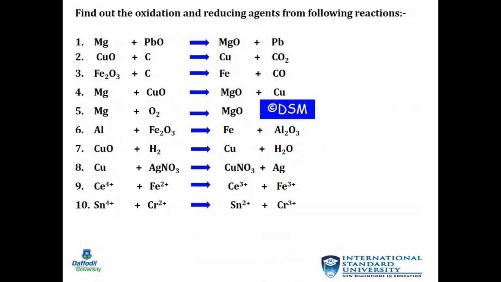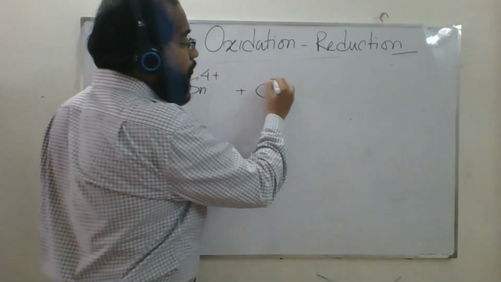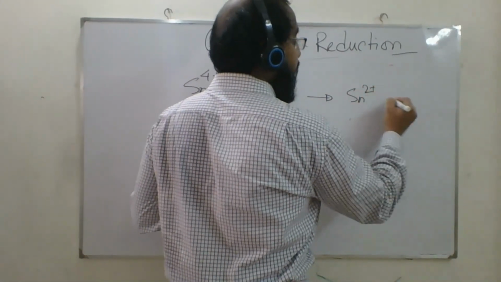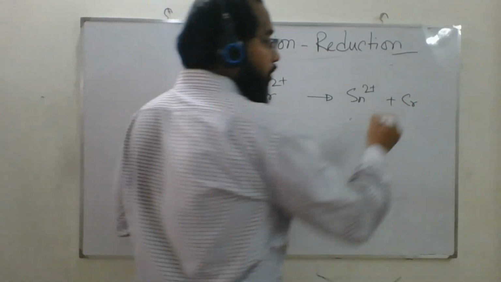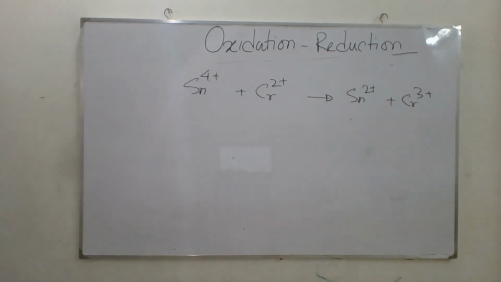Like, if I solve just one of them for you, in a reaction Sn4+ and chromium 2+ react with each other to form Sn2+ and chromium 3+. Now, which one is the oxidizing agent and which one is the reducing agent?